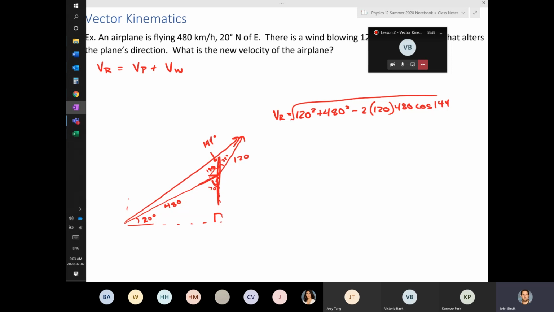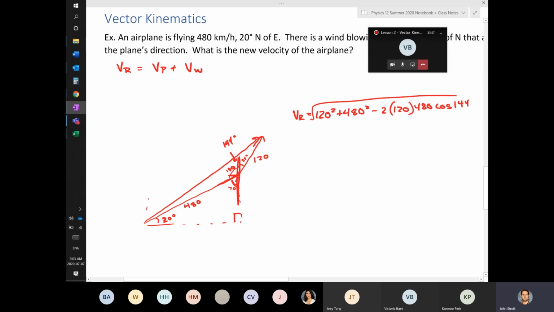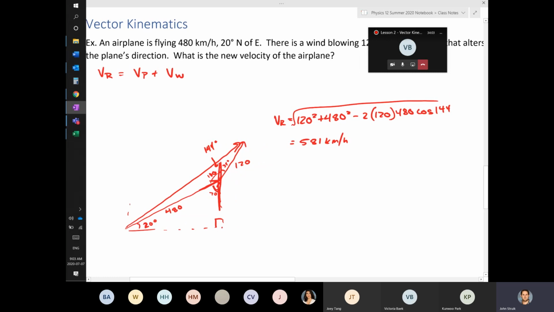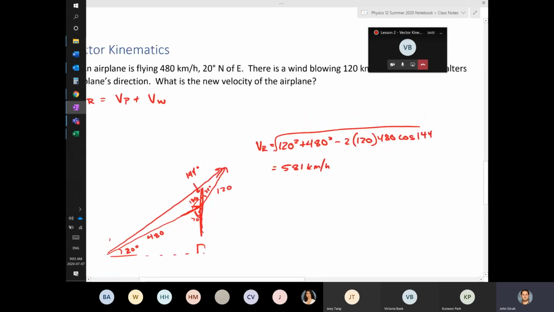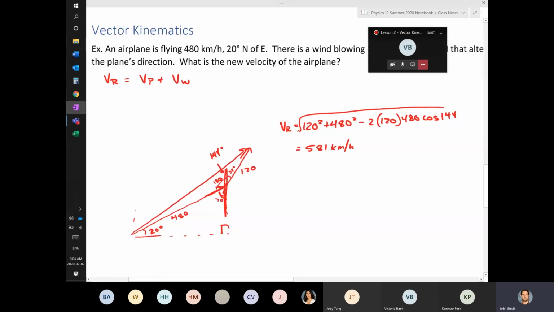Equals minus 2 times 120 times 80 times cos 44, square root. Okay, so the answer is 581 kilometers per hour. Okay, so it's speeding the plane up, which makes sense because it's kind of in the same direction.